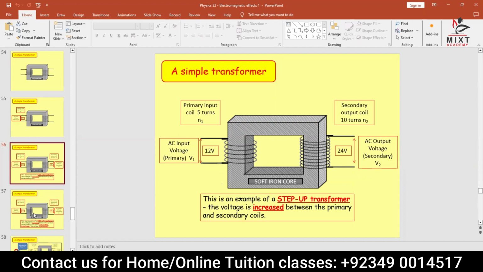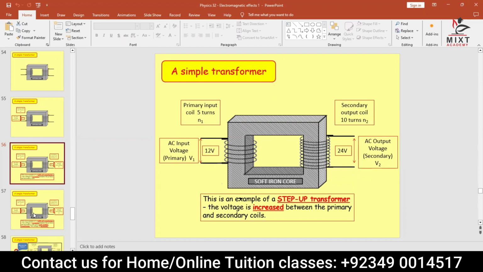We have one formula with which you can find out the output voltage of the transformer, and that includes the number of turns. If input number of turns, I mean primary number of turns, are less than the output number of turns, it means it's a step up transformer. If input coil number of turns are more than the output coil number of turns, then it's a step down transformer.